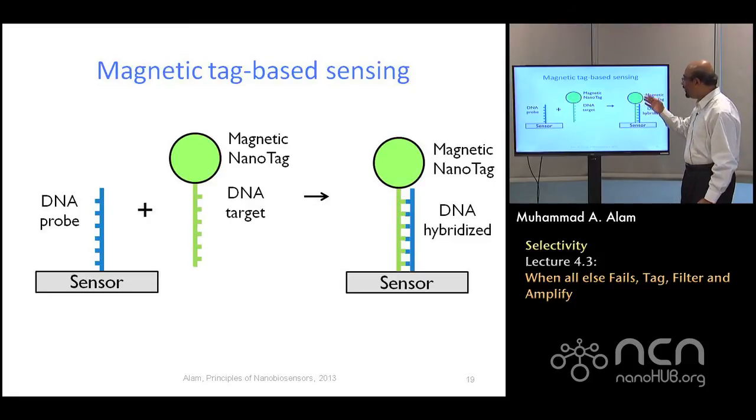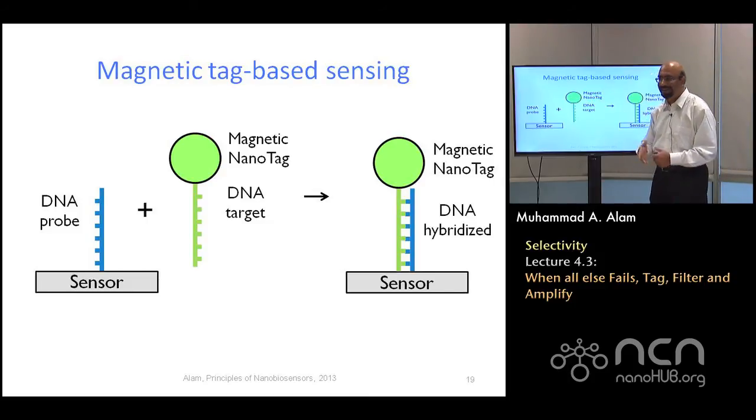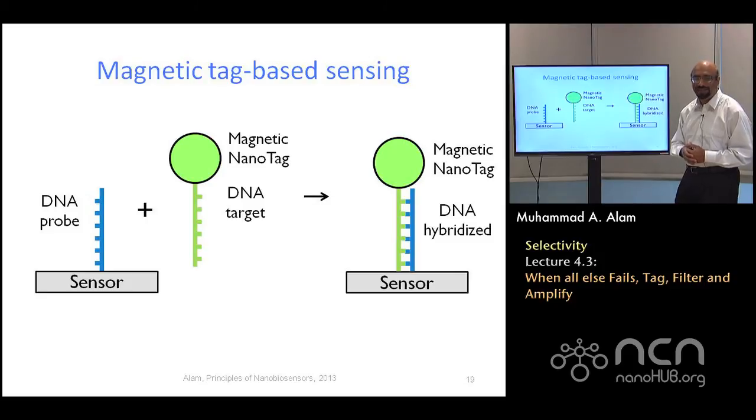As a result, you will have significant suppression of the noise, or correspondingly amplification of the signal, depending on how big it is. Now, how are you going to find the target molecule and attach a magnetic tag? Do you remember the biobarcode approach? In that biobarcode, essentially, this is exactly what was done, to attach a magnetic particle so that you can sense it with a sensor. So that's a possibility.